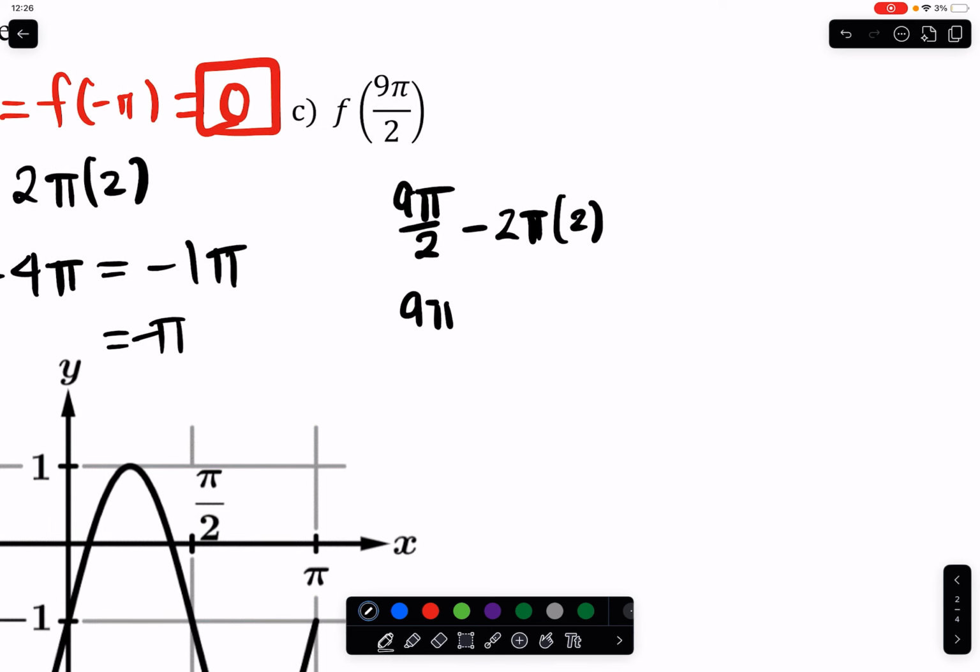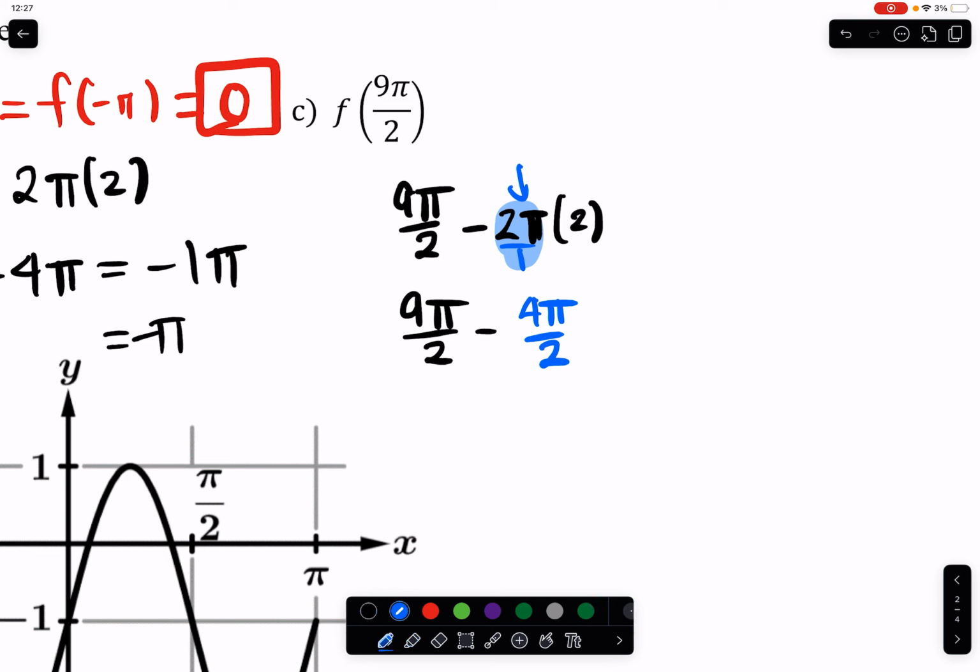So 9 pi over 2, and remember this value right here, 2 pi, is 2 pi over 1. Since I need the denominators to be the same, I can multiply the 2 pi by 2 over 2, which would be 4 pi over 2. All I've done is write my 2 pi over 1 as the ratio 4 pi over 2, which is equivalent to that.